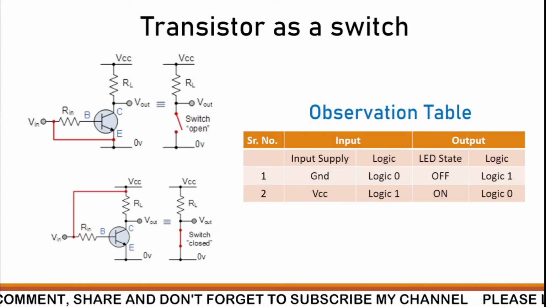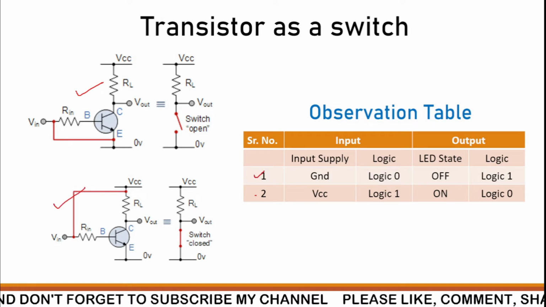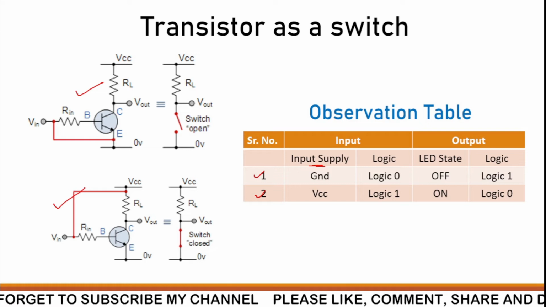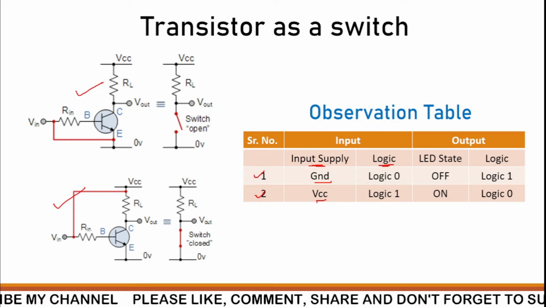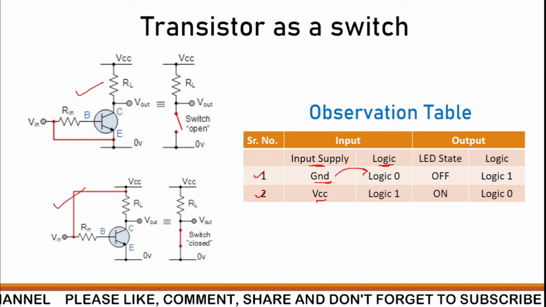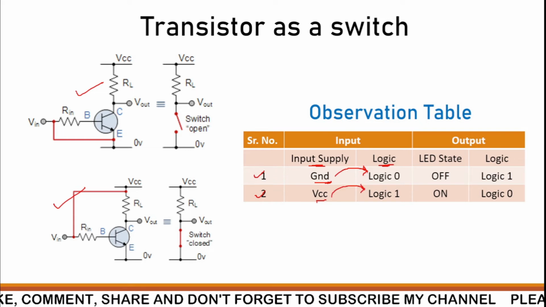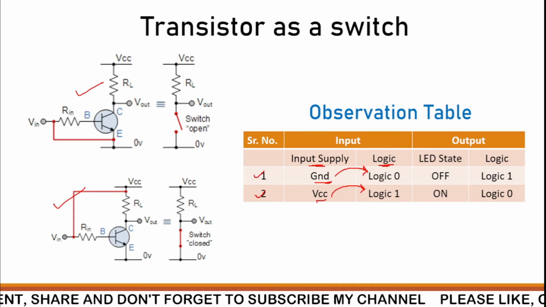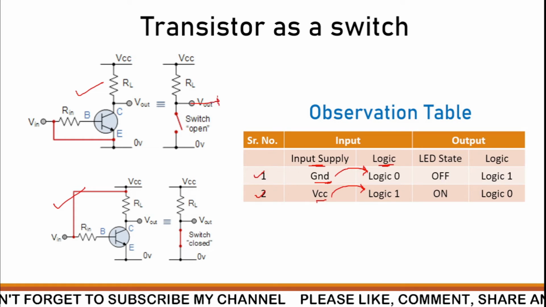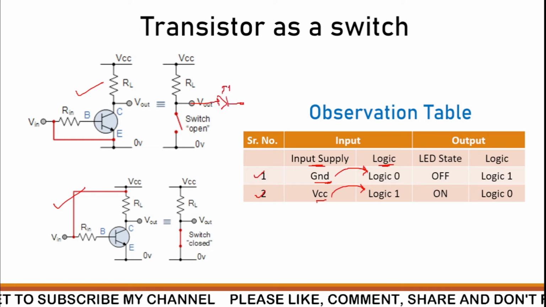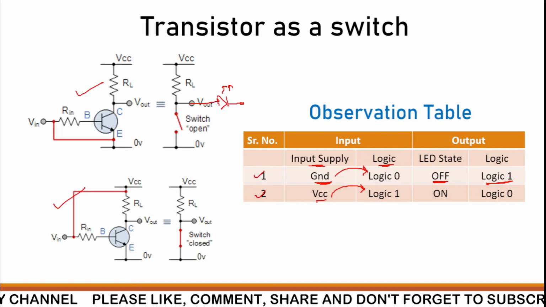To perform this experiment, we have to take these two scenarios, scenario 1 and scenario 2, which is why we have serial number 1 and serial number 2. For the input side, we have input supply ground and input supply VCC. We can call ground logic 0 in digital electronics, and VCC logic 1, and we are going to observe the output. Theoretically, if we connect an LED to this Vout terminal, the LED will be off when we have a ground input, and at that time we have logic 1.